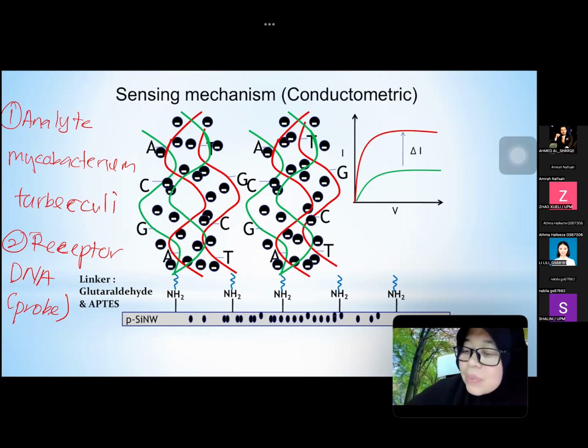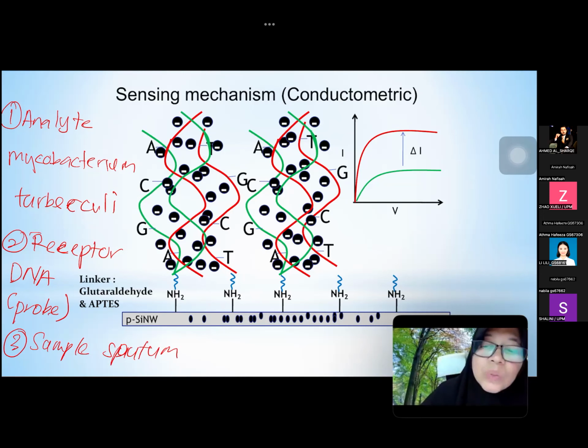Now, the third one, the sample that is submitted is sputum. So this is just to complete the story: the sample, sputum, is submitted. We want to know whether the sputum contains Mycobacterium tuberculosis.